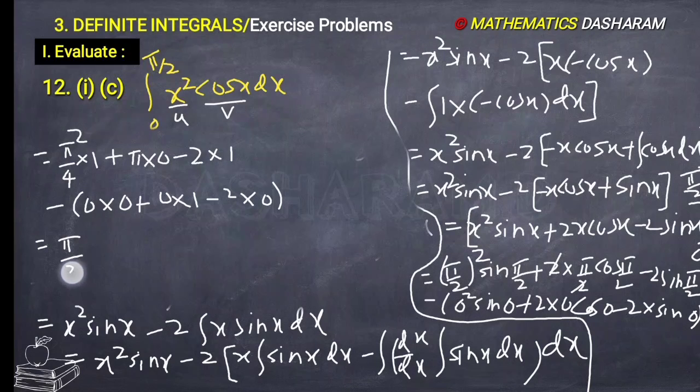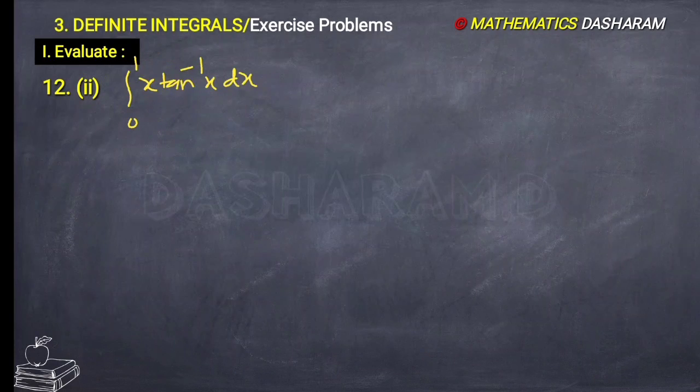So pi square by 4 plus pi into 0 is 0, minus 2 into 1 is 2, and here it is 0, 0, 0. So overall the second part is 0. Then the answer is pi square by 4 minus 2, our required answer.